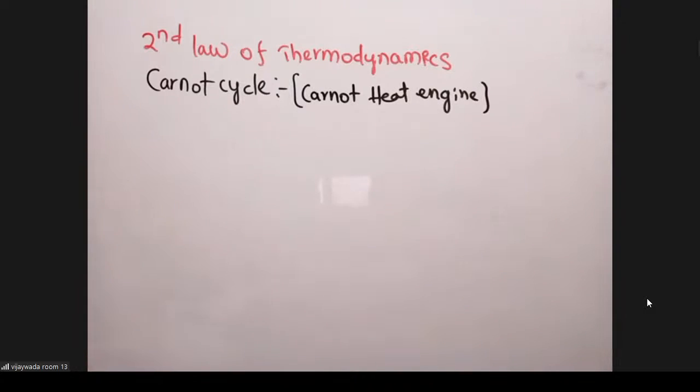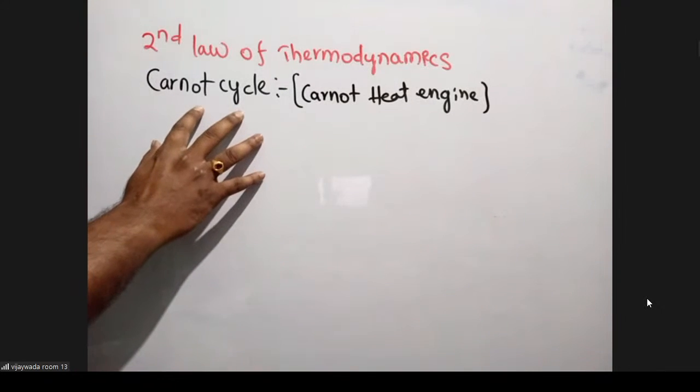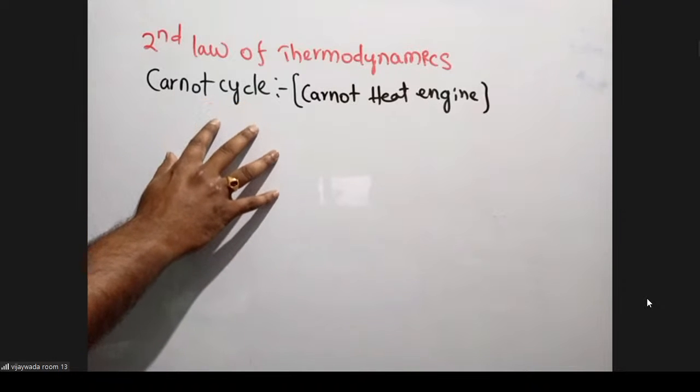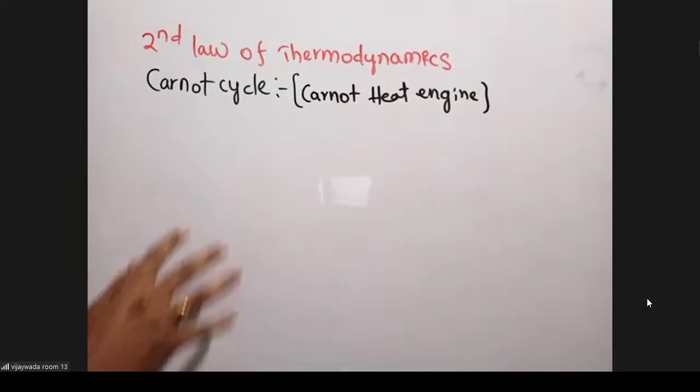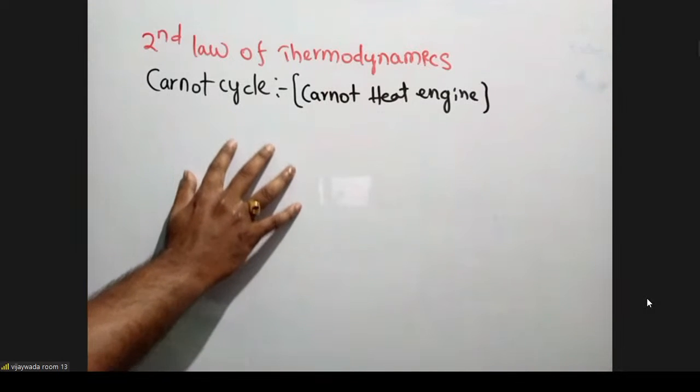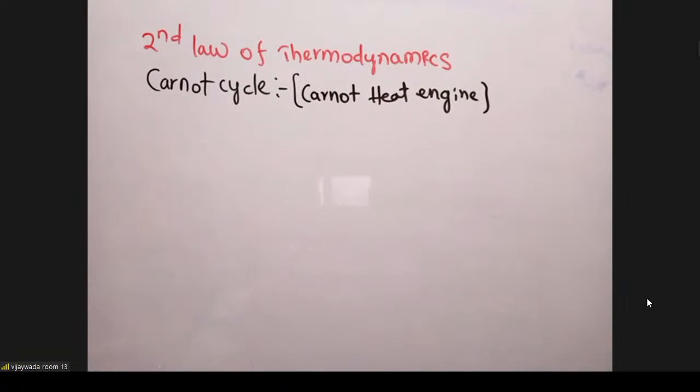It is very simple. The engine which can do work by using the spontaneous flow of heat from high temperature region to low temperature region is called heat engine. Carnot prepared this heat engine hypothetically. So this heat engine is a hypothetical heat engine.